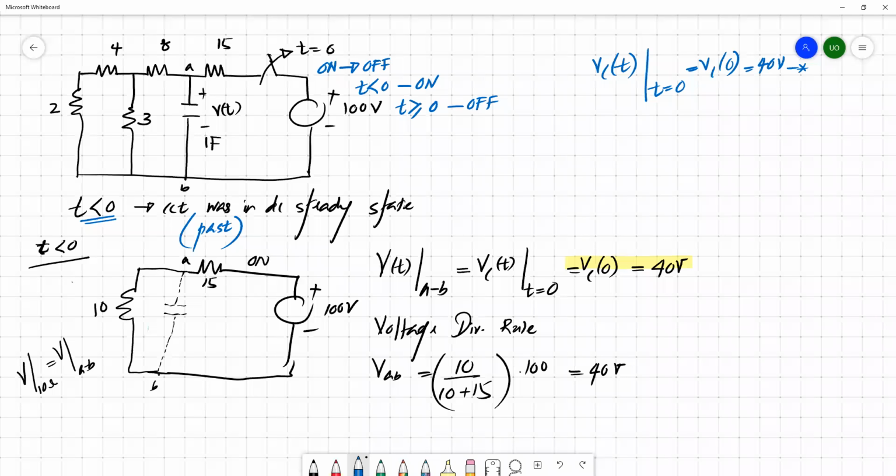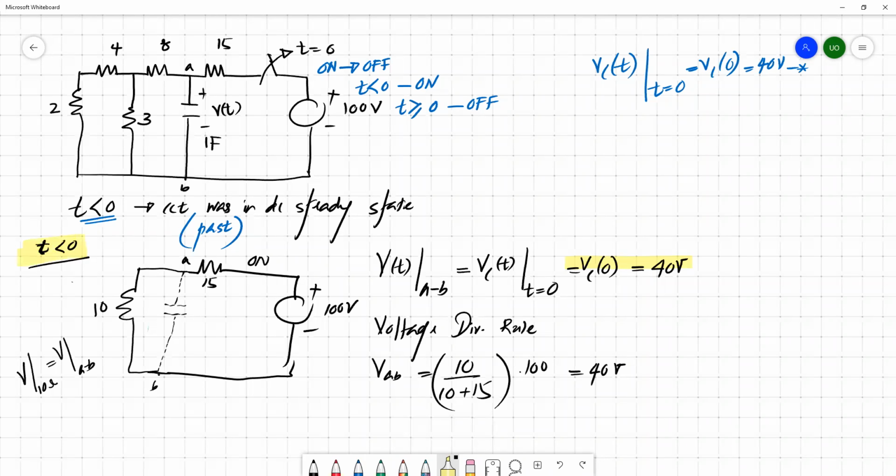Okay. So now we need to evaluate the time constant of the resulting circuit and derive the voltage response across the capacitor.